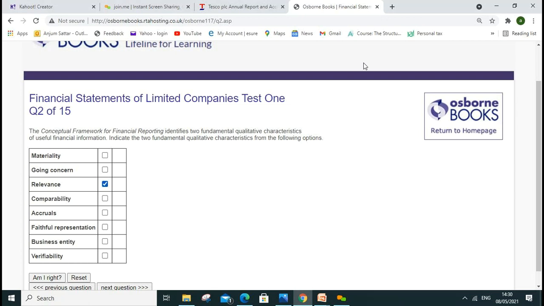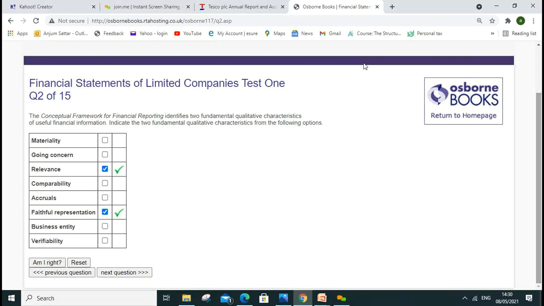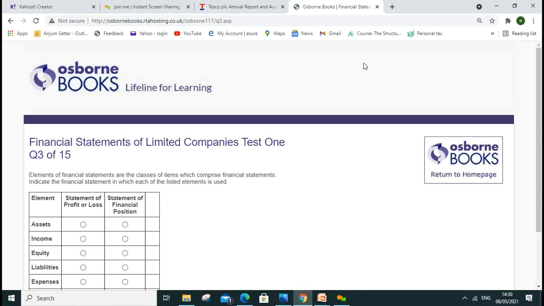Yes, faithful representation and verifiability. So these are the two basic ones, and then we have enhanced characteristics. Comparability is an enhanced characteristic. Further, four enhanced: timeliness, comparability, understandability. So these two are the basic qualities needed in the financial statement.